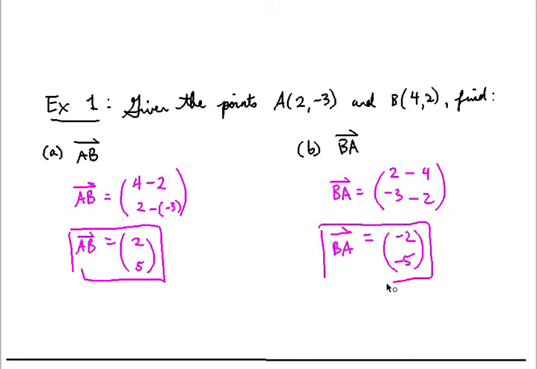Notice here, what do you notice about the components? A to B is +2, +5, B to A is -2, -5. So these are actually opposite of each other, or they're going in opposite directions. And that makes sense, right?